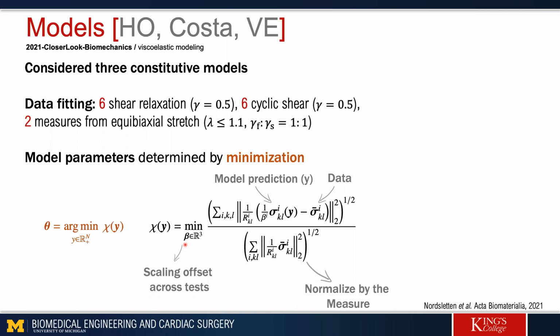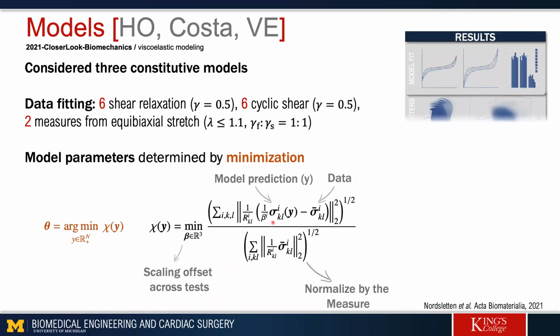So we grouped the tests of relaxation, cyclic shear, and equibiaxial stretch, and said that the optimal model would give you the right shape of those curves, but maybe be off by some scale factor because it wasn't done on the same tissue. So essentially, we would minimize this chi, and that would give us a set of parameters, and then we could examine what these models look like.